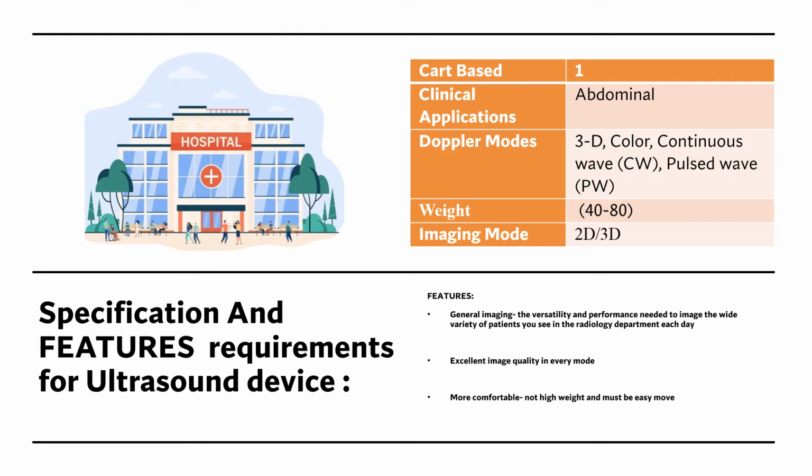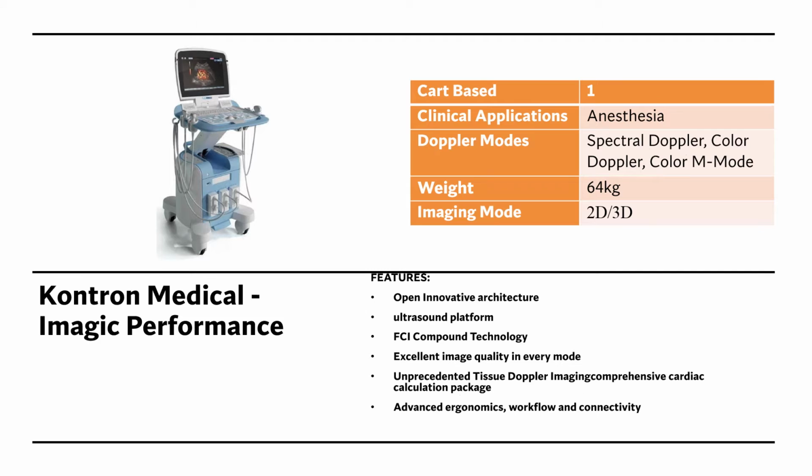Then imaging mode, 2D and 3D is enough. So in our features, we need general imaging, excellent imaging quality in every mode, more comfortable, not heavy, and it must be easy to move. The first candidate we have is control medical imaging performance.